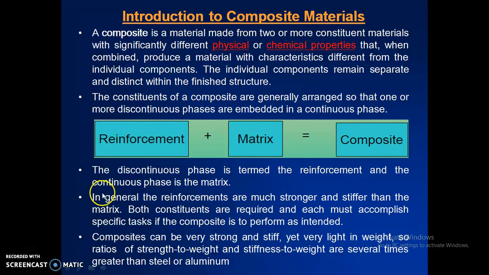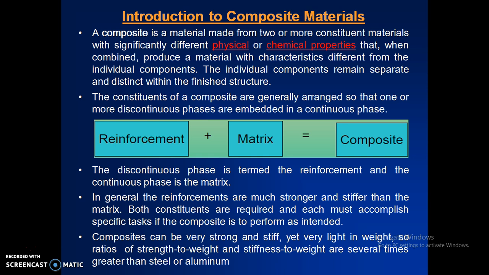The discontinuous phase is termed the reinforcement, and the continuous phase is known as the matrix. In general, the reinforcements are much stronger and stiffer than the matrix, but both constituents are required and each must accomplish specific tasks if the composite is to perform as intended.